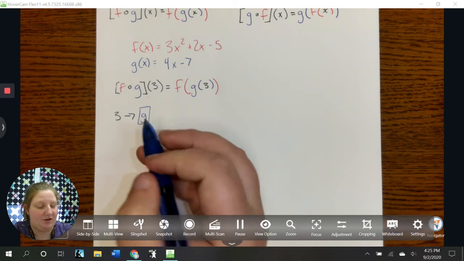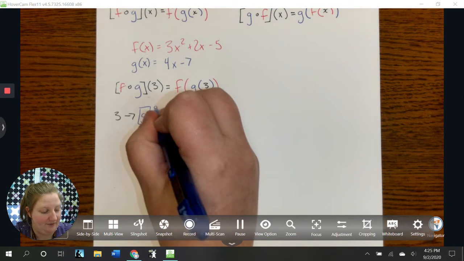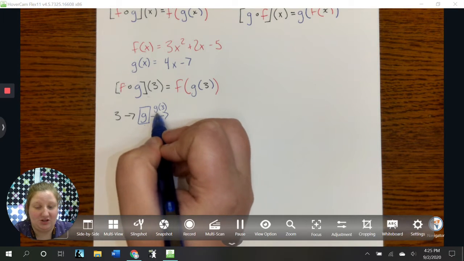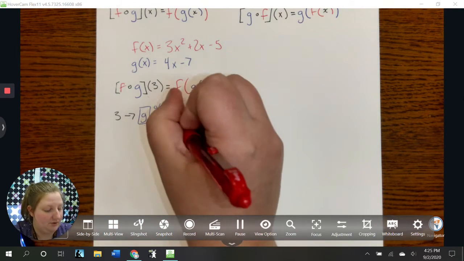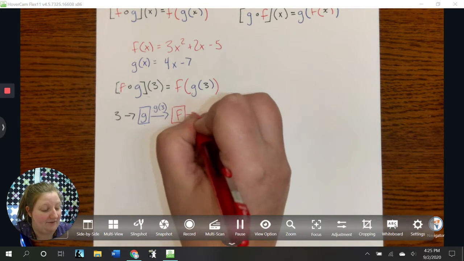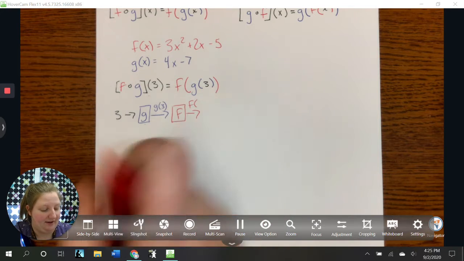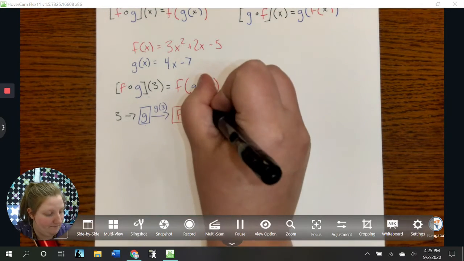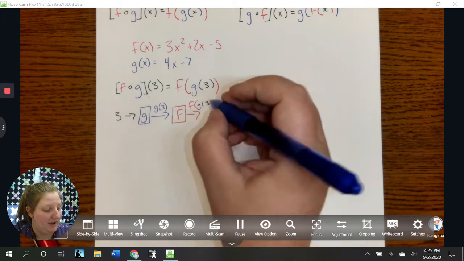Once we plug 3 into our function g, we're going to have g of 3. Then once we get g of 3, we're going to plug that into our function f. And what we get after that will be f of g of 3. Alright, so that's the pattern we're going to follow.